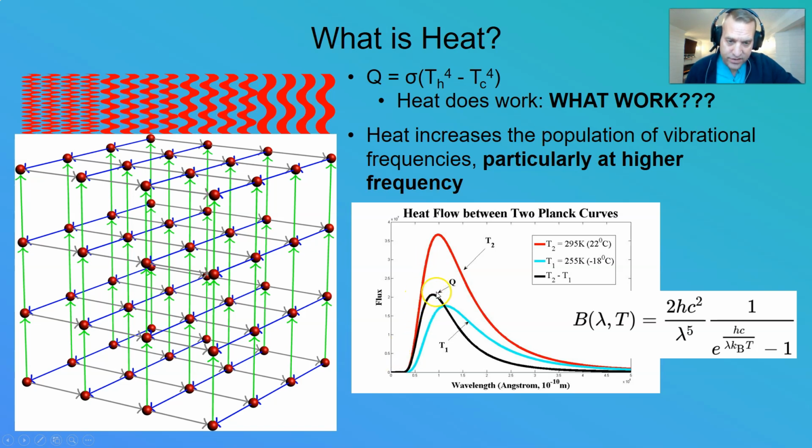Okay, that's what this black curve, this Q curve, is. So this Q curve is the heat. And we see that the warmer object has greater population of energy across all wavelengths, and it has the greatest density of higher energies at higher frequencies, or at shorter wavelengths, which is higher frequencies. Okay? So, very neat.